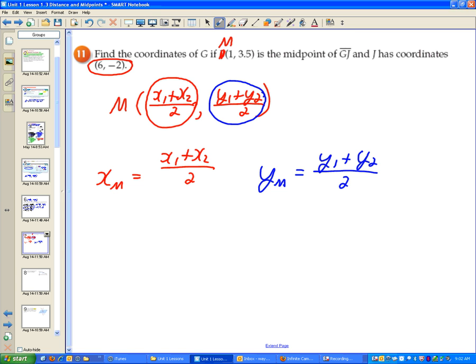Okay. Now, substitute in what you know. Let's look at the x-coordinate. The x-coordinate of the midpoint is 1. So this xm over here, I can replace with a 1. Equals x1. That'll be the x-coordinate of the point we know.